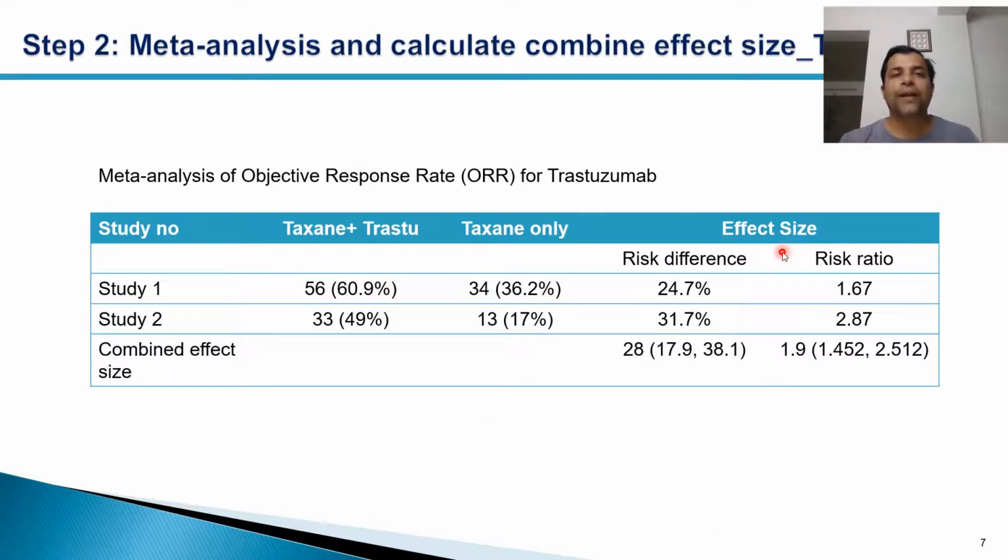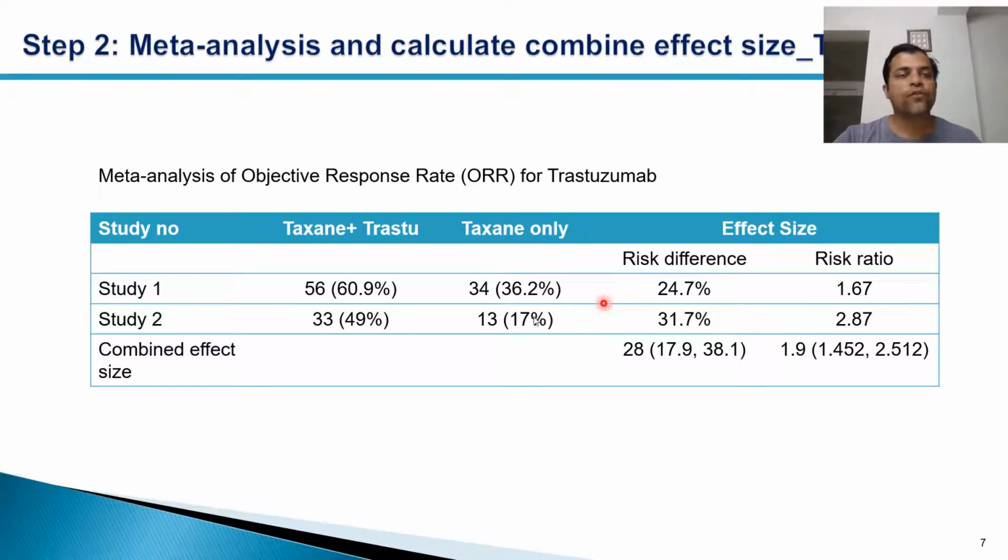Then you will do the meta-analysis. So currently, for the meta-analysis, what we will do, we will make a table. Now, in this table, we have a study 1 and study 2 that we have seen earlier. We have the responses. Okay. So here, once we have these responses, we will calculate the risk difference and risk ratio.